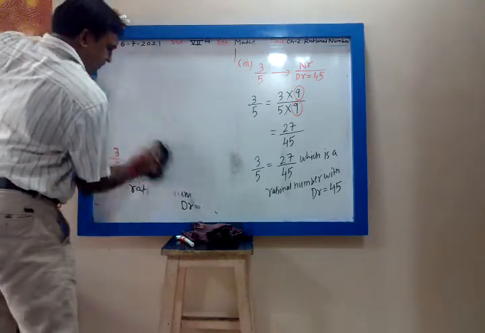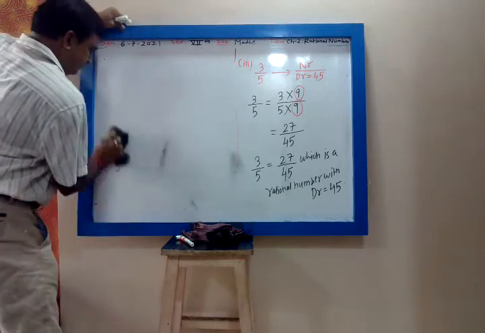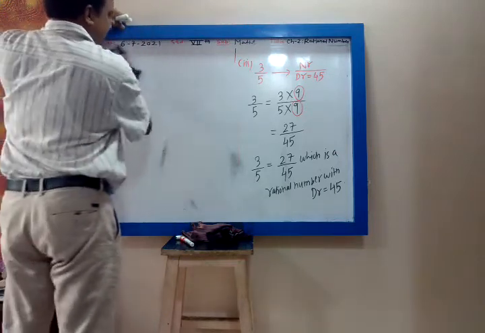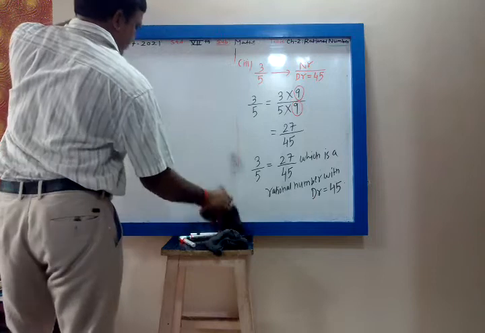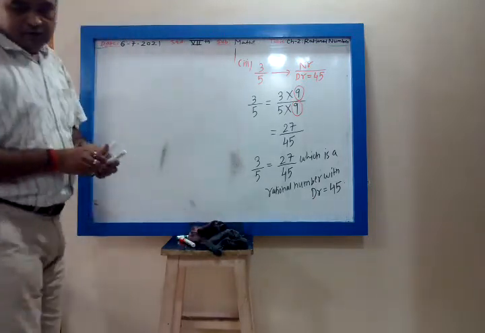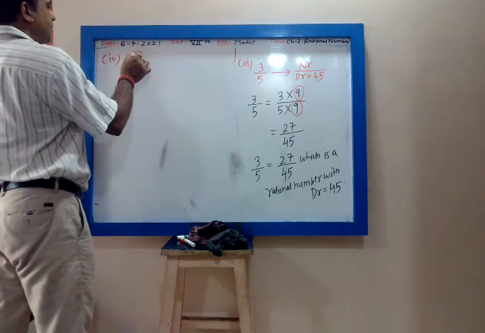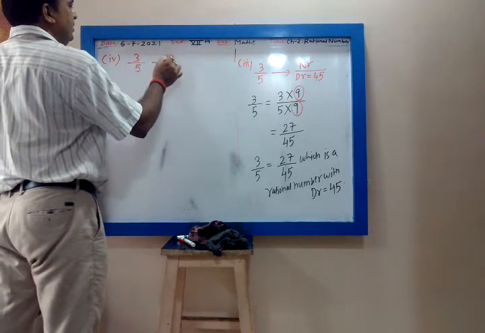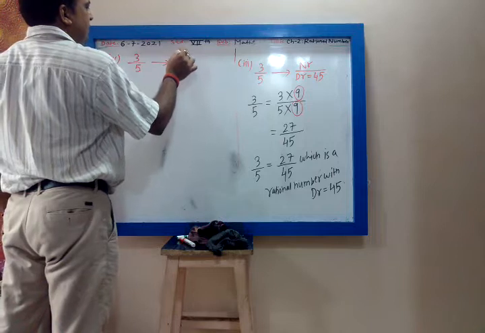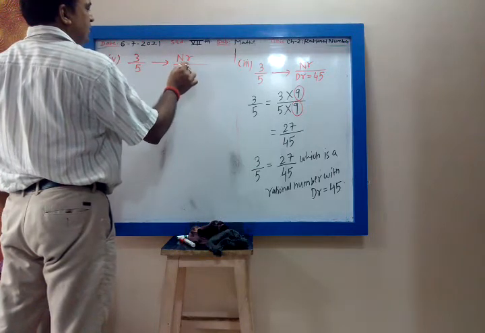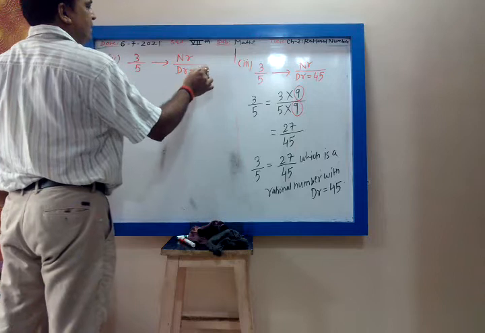The next is 25. Fourth. 3 upon 5 is a rational number. You have to convert this to another rational number, numerator upon denominator, but you want denominator as 25.